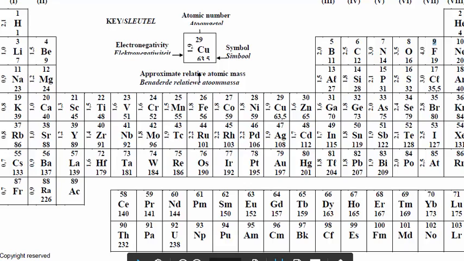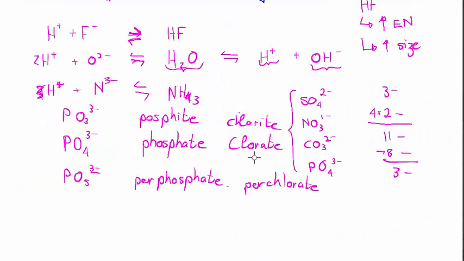Chlorate will have 3 oxygens, so it will be ClO3. And again we do the same thing. Chlorine has a 1 negative charge, there are 3 oxygens, which is 6 negatives, so in total we have a 7 negative charge.